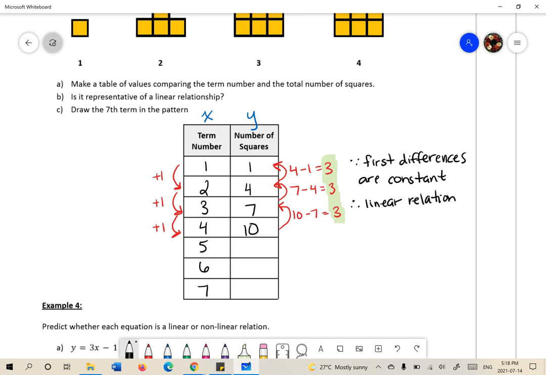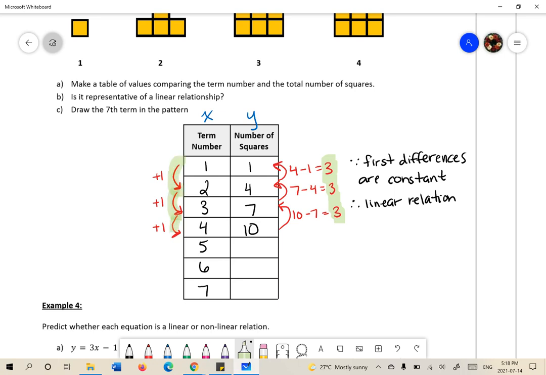Now in C, it's asking us to complete the table of values and determine the 7th term in the pattern. So I'm going to look at how my x's and y's are changing. So we see that my x's are increasing by 1.